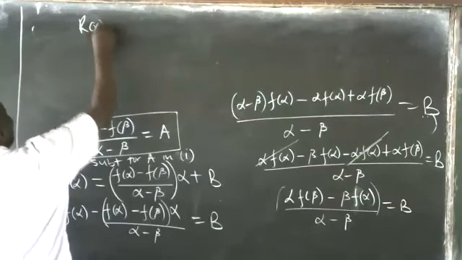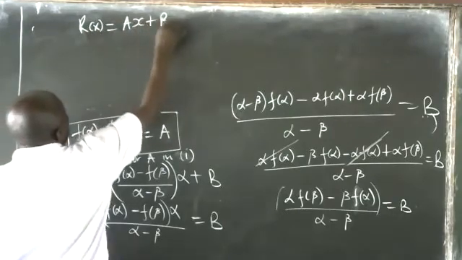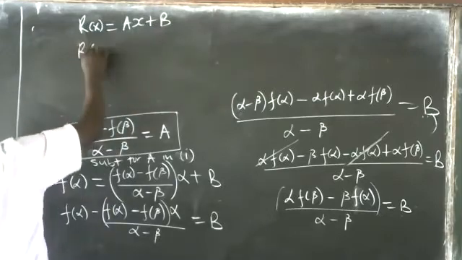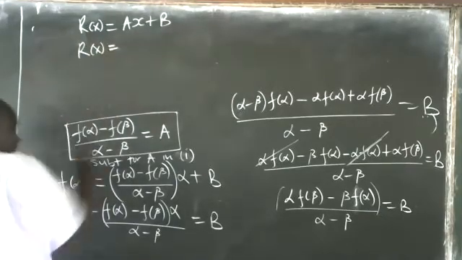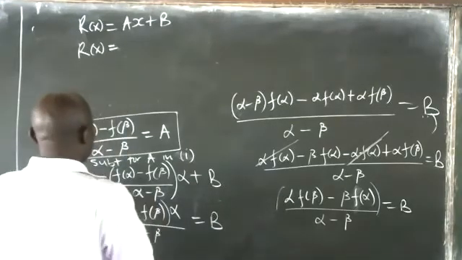Rx is equal to Ax plus B. So Rx is equal to now our A is there, here.